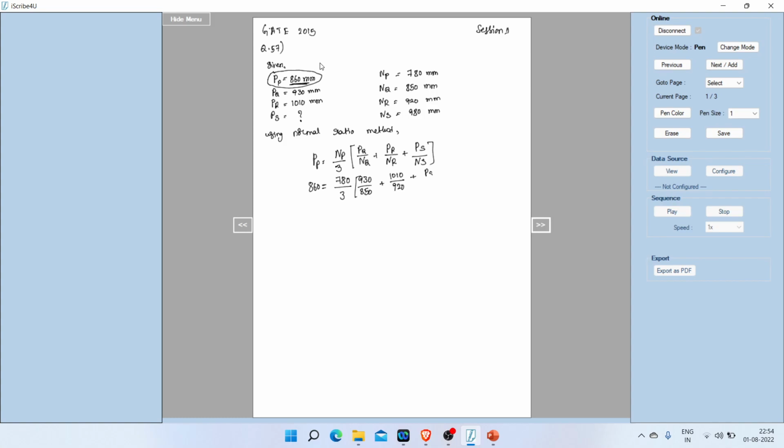PS is to be estimated, and note all values are in mm.